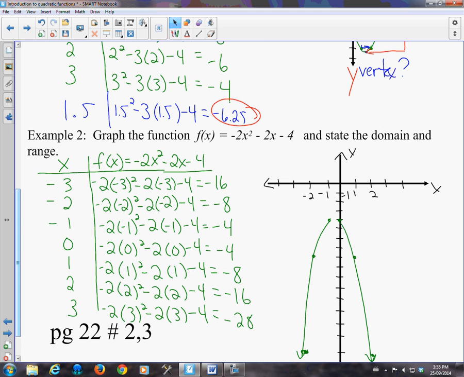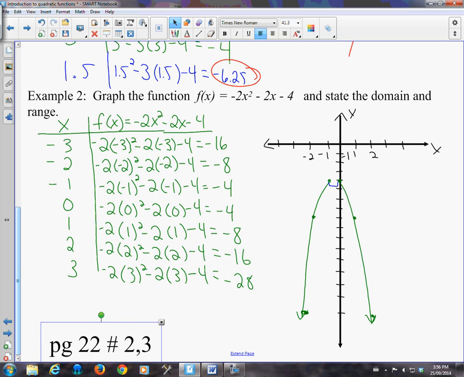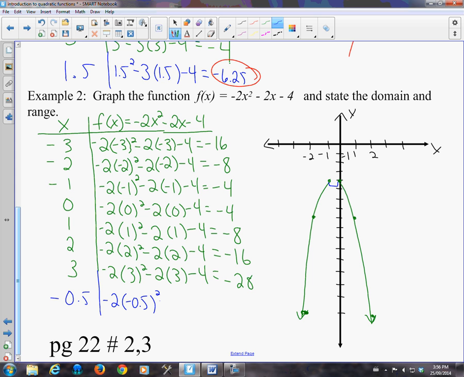And now we need to figure out our vertex. So we know our vertex is going to be between these 2 points. So between negative 1 and 0 would be negative 0.5. So I'm going to put in negative 0.5, and I'm going to figure out my vertex.